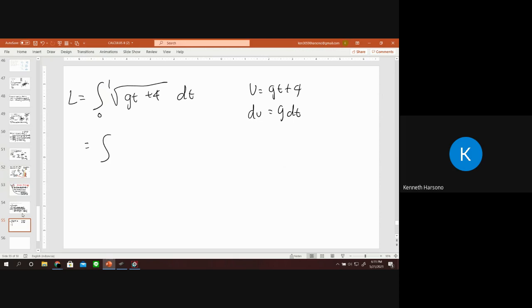So the integral of the square root of u du over 9, from 4 to 13.